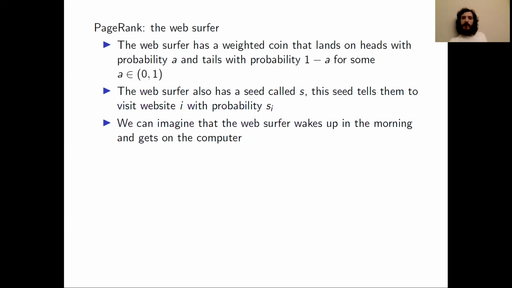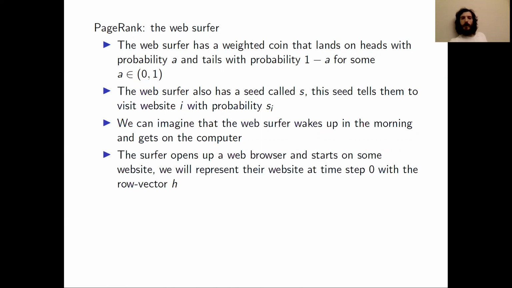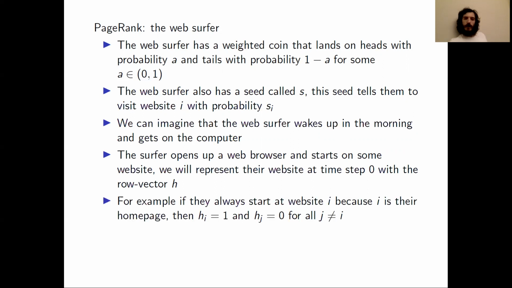So we can think of the surfer just waking up in the morning, getting on the computer, getting on some web browser, and we'll represent their website at time step 0 with a row vector, which we'll call h. So if every day they always start at the same website, then we'll have the entry in h corresponding to that website be 1, and we'll have all the other entries of h be 0.